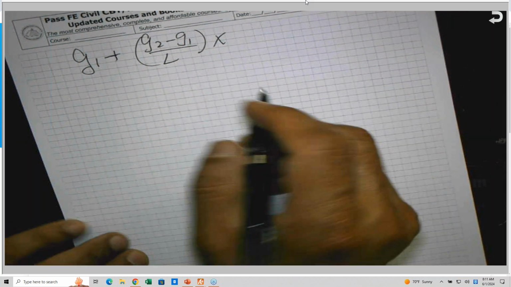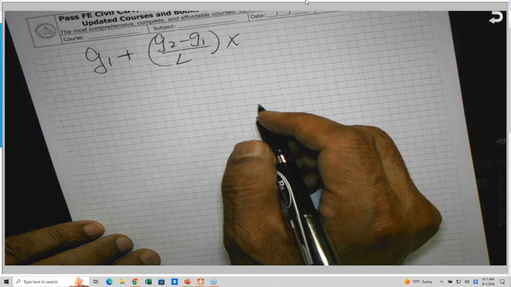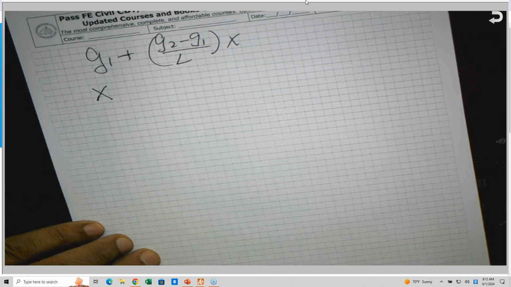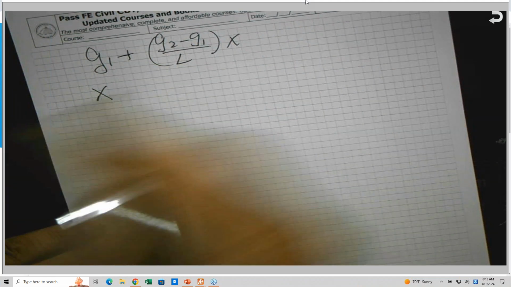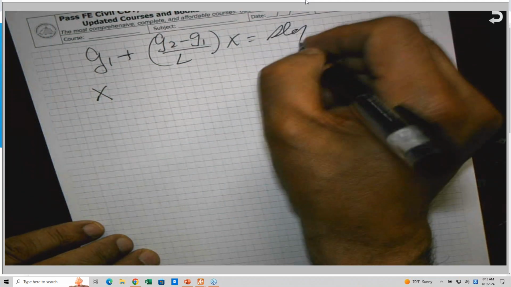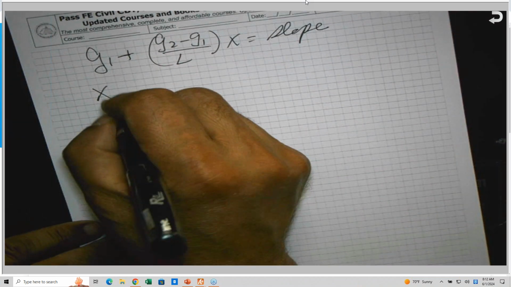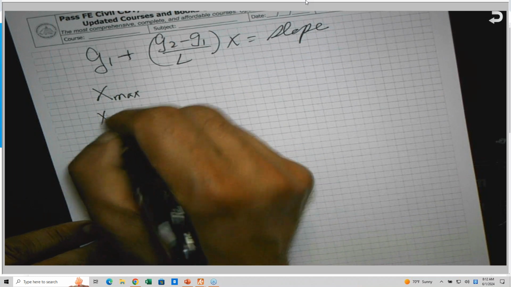I need to solve for x. This is the slope, and they call it x max or x min.